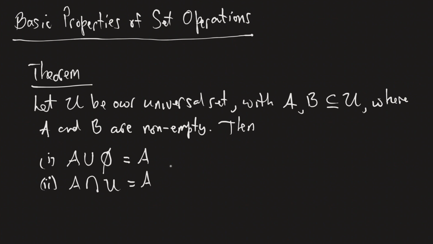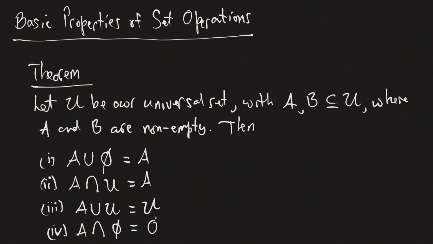So these are called identity laws. Let me continue our list. Our third property here is saying if you take A union with the universal set, you're going to get the universal set. And the fourth one, if you take A intersect with the empty set, then you're going to get the empty set, right?